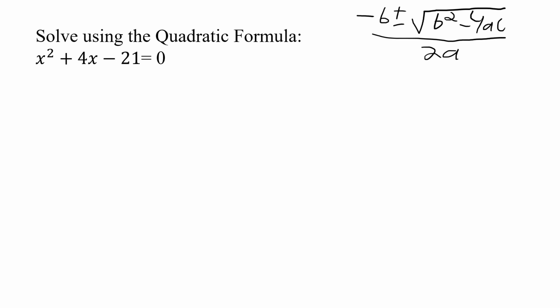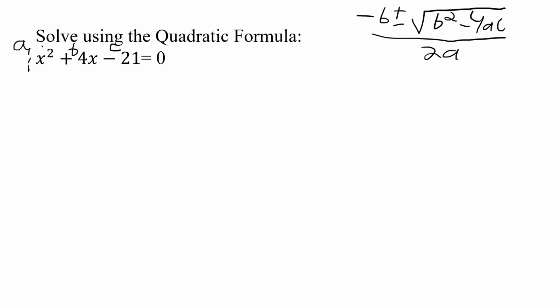There's nothing in front of that x squared, which means that there is an invisible 1. So our a is going to be that invisible 1. Then our b is going to be the number in front of our x, which is 4. Now our c is a little bit different this time because we have minus 21. We need to make sure that when we write our c down, our c includes the negative. So it's a negative 21.